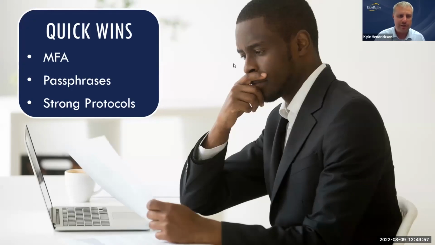Once we start getting beyond these two things, we want to start looking at how do we eliminate weak protocols that just basically give up at the first time of being poked.